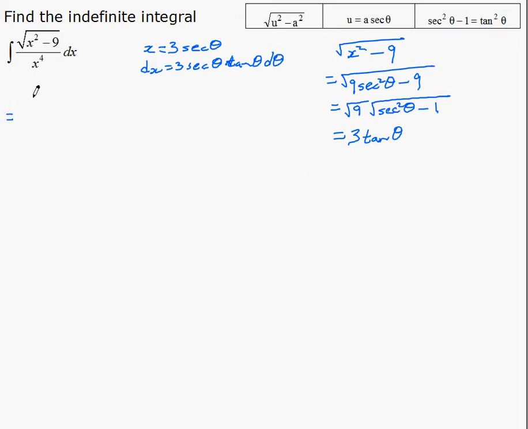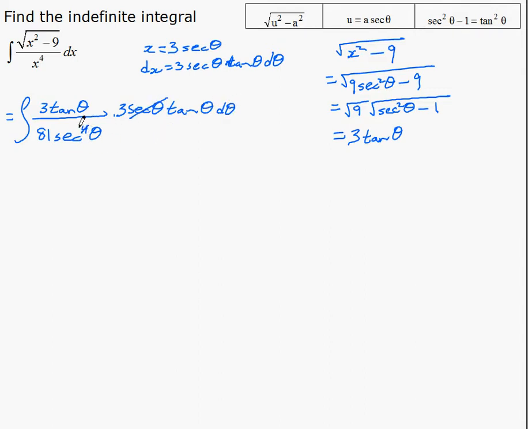Let's make a little less work over here now. That gives us the integral of 3 tan theta over x to the 4, which is 3 to the 4 is 81, secant to the 4 of theta, multiplied by dx, which is 3 secant theta tan theta d theta.